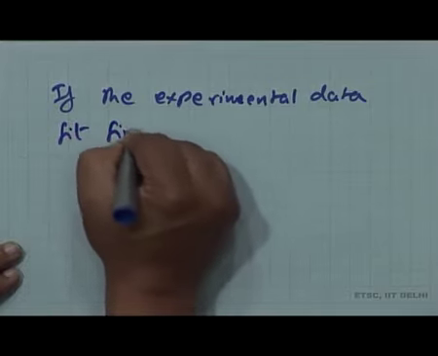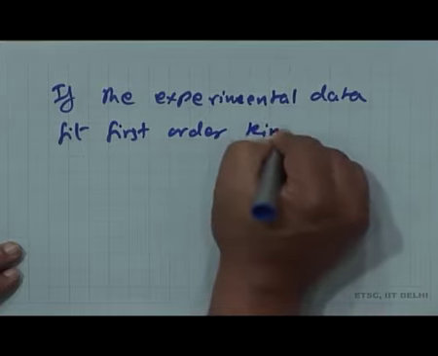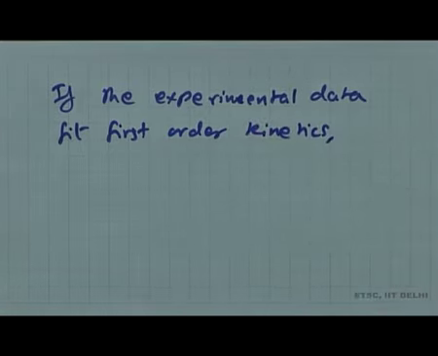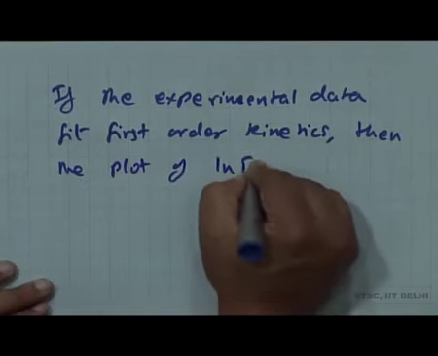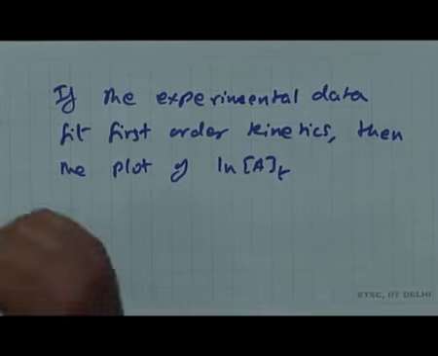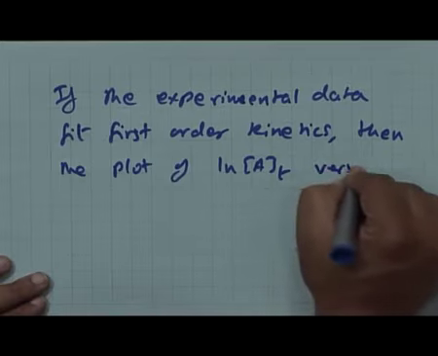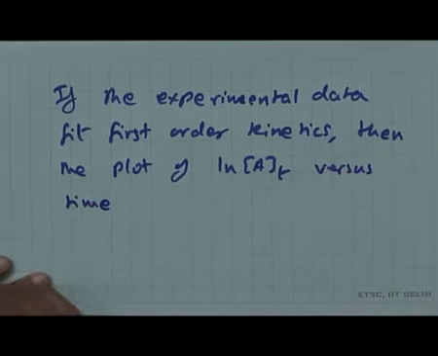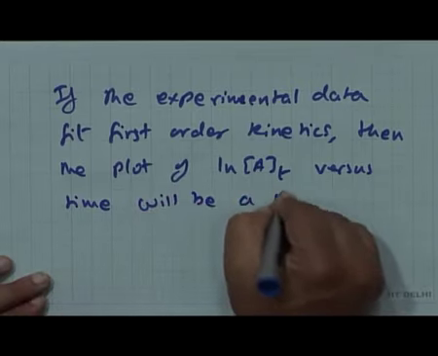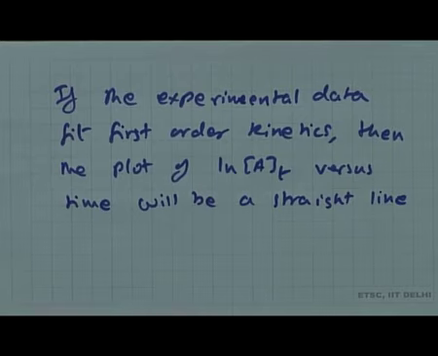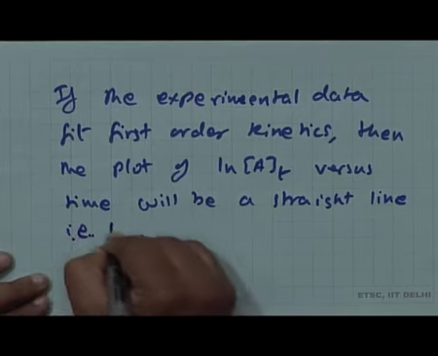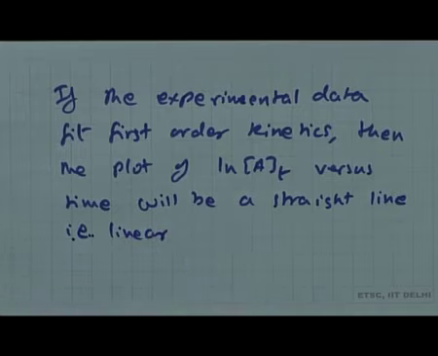If the experimental data fit first order kinetics, then the plot of ln A t against time will be a straight line, linear with a negative slope obviously, and from the slope what you would get is the rate constant.